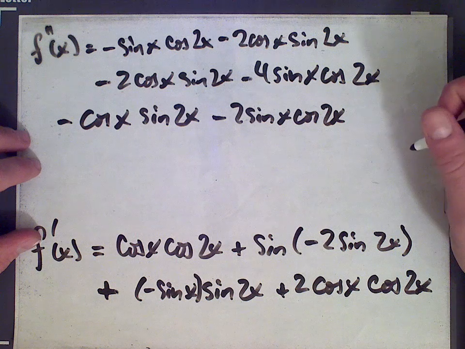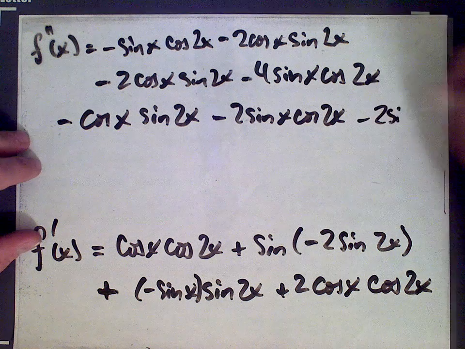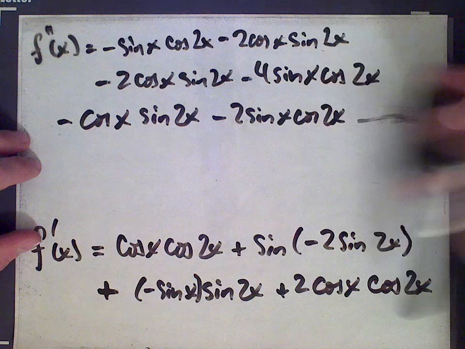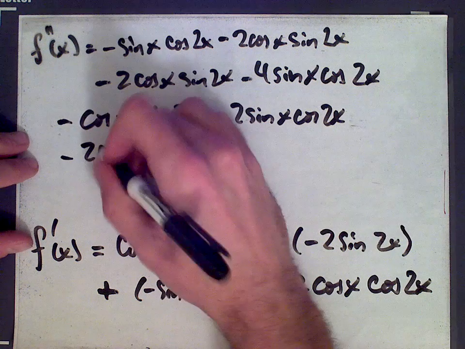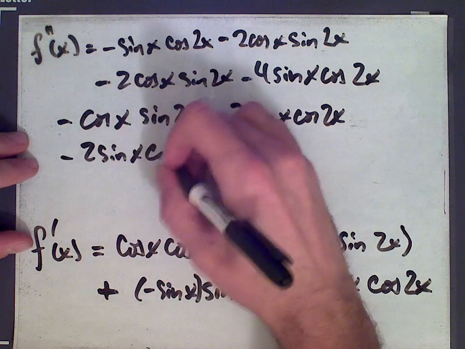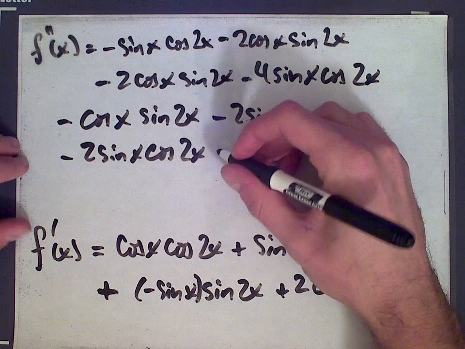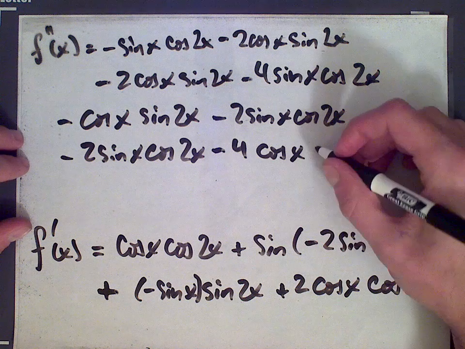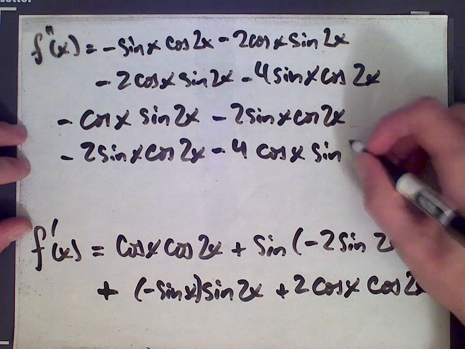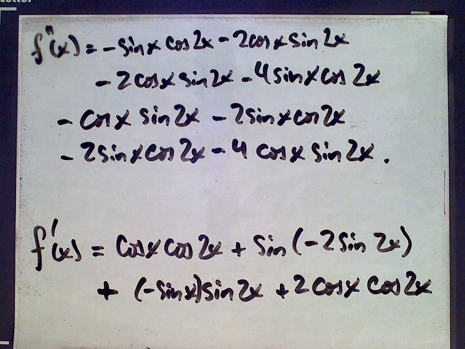Let me put this down on the next line. Minus 2 sine x cos 2x. One more term, minus 4 cos x sine 2x. Okay, so these are the terms you get.